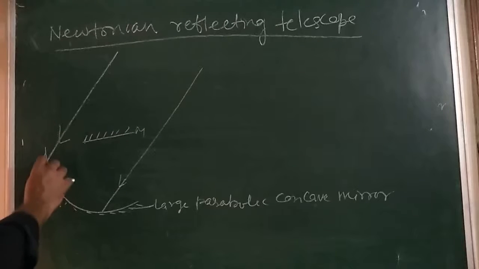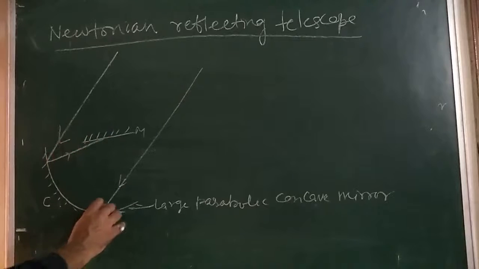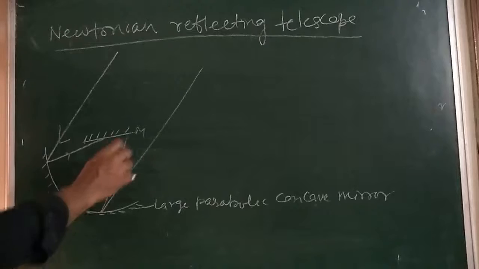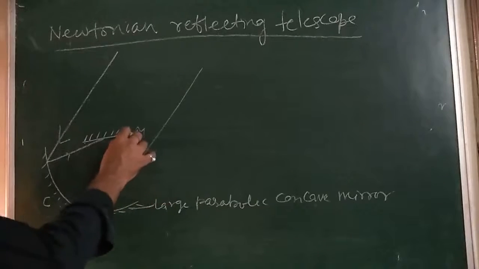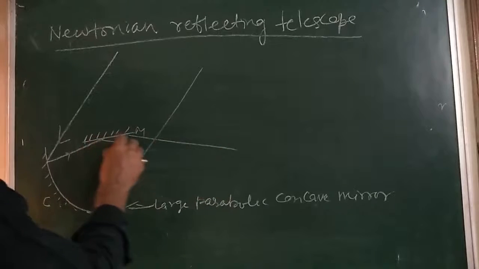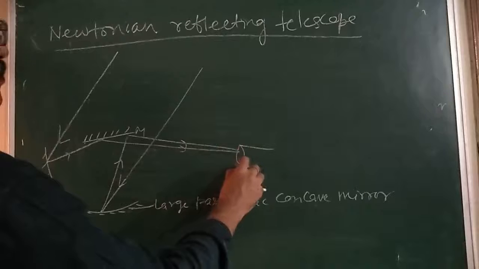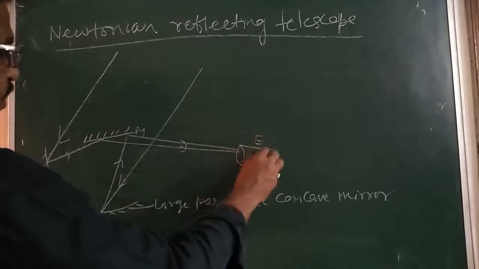After reflection, say it will go like this. And then after reflection from this mirror, here we are getting an image. Here is the eyepiece. Here is the eye lens where we are getting the image.